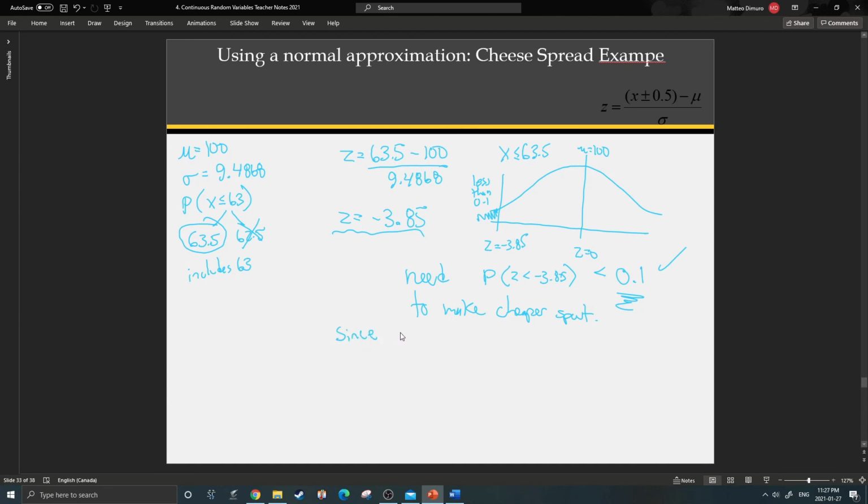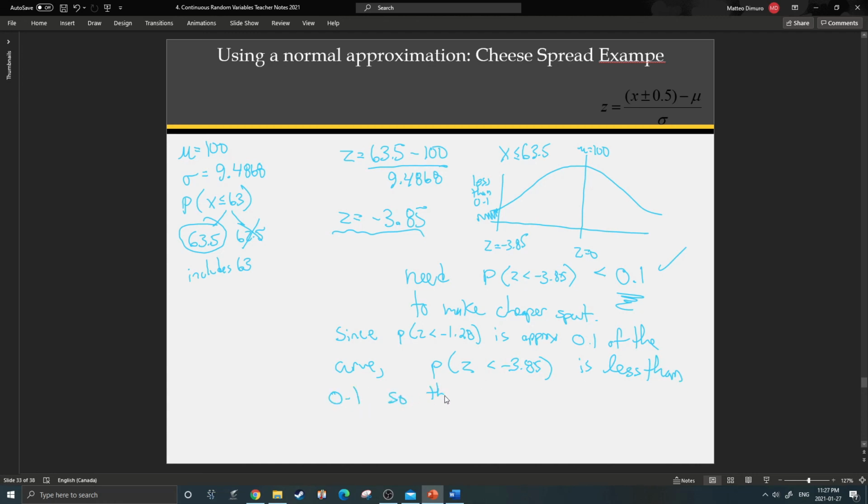you say since the probability that z is less than negative 1.28 is approximately 0.1% of the curve, the probability of z less than negative 3.85 is less than 0.1.